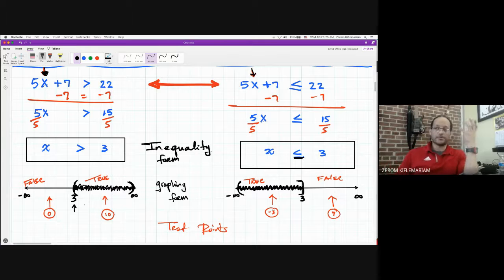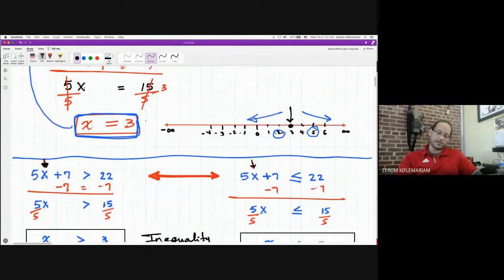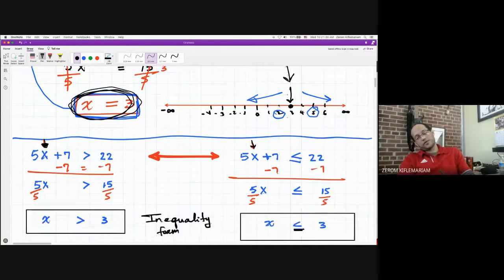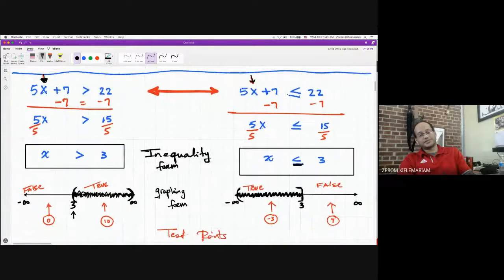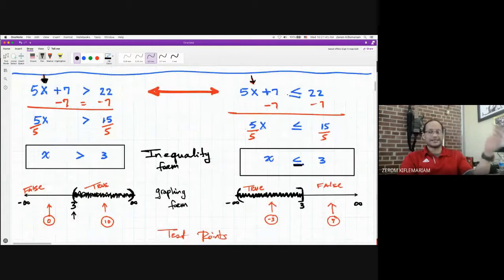So what are my answers? It is not like the above question that I have over here, where my answer was just one number, a single number on a number line. Now, when I'm dealing with inequalities, my answer is not one number. My answer is infinite numbers. It's a range of numbers.